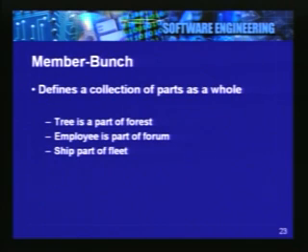Then you have member-bunch relation, where it defines a collection of parts as a whole. Tree is a part of forest, employee is a part of a firm, ship is part of a fleet, or a person is part of an organization, or is a member of a given club. So, member-of relation is a different relation, and there is a slightly different member-partner relation where the members are related to each other, you cannot take out the members.